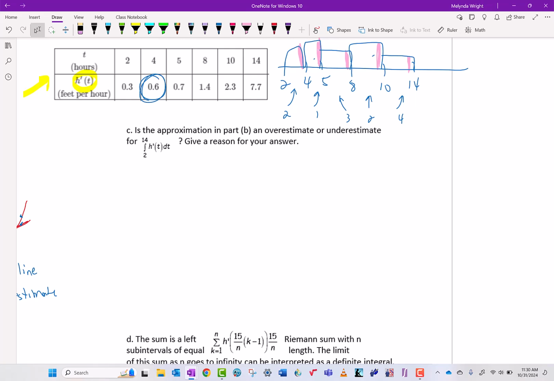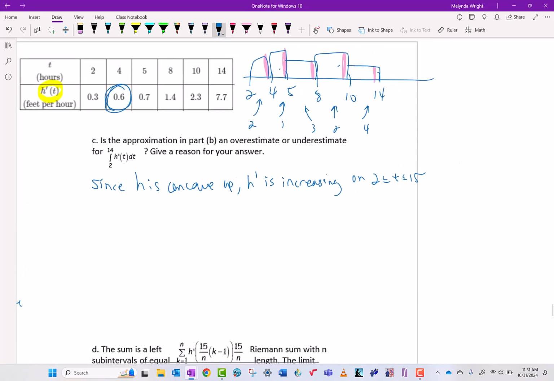So since h is concave up, we need to think about the definition of concavity. The definition tells us that the function is concave up if the first derivative, h prime, is increasing on 2 to 15.